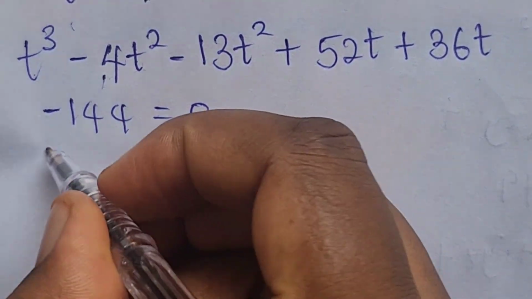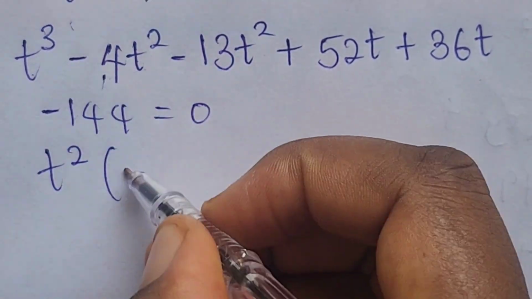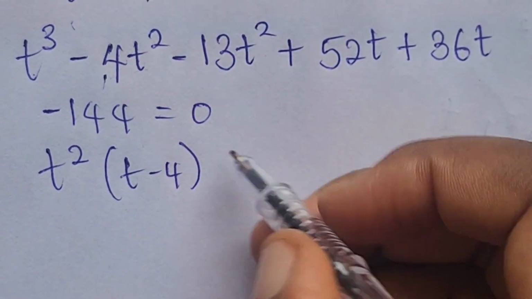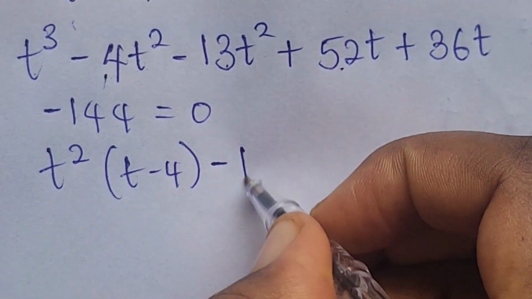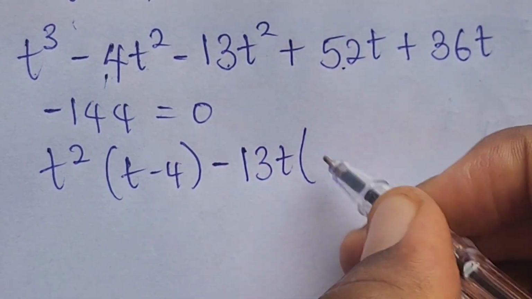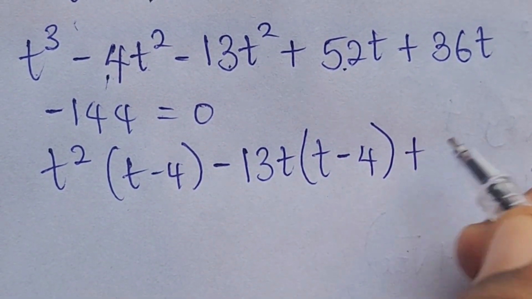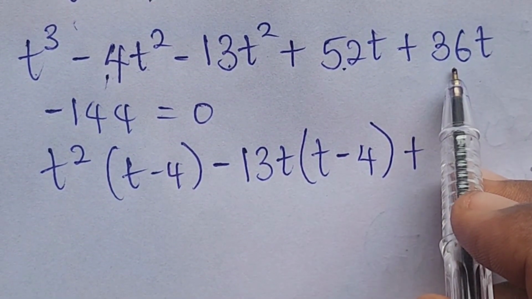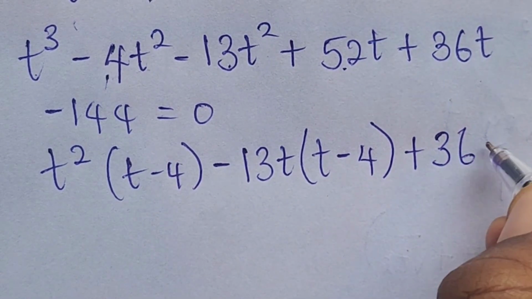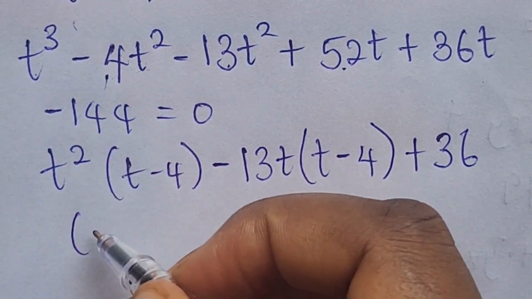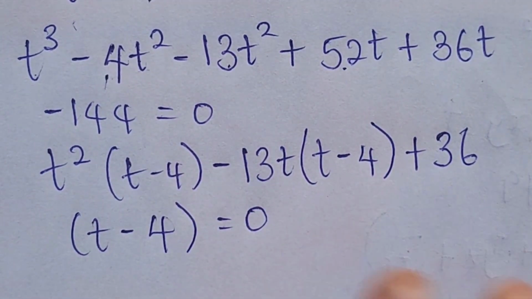Factoring out t squared from the first two, we are left with t minus 4. We factor out minus 13t and are left with t minus 4. We factor out 36 and are left with t minus 4, which is equal to 0.